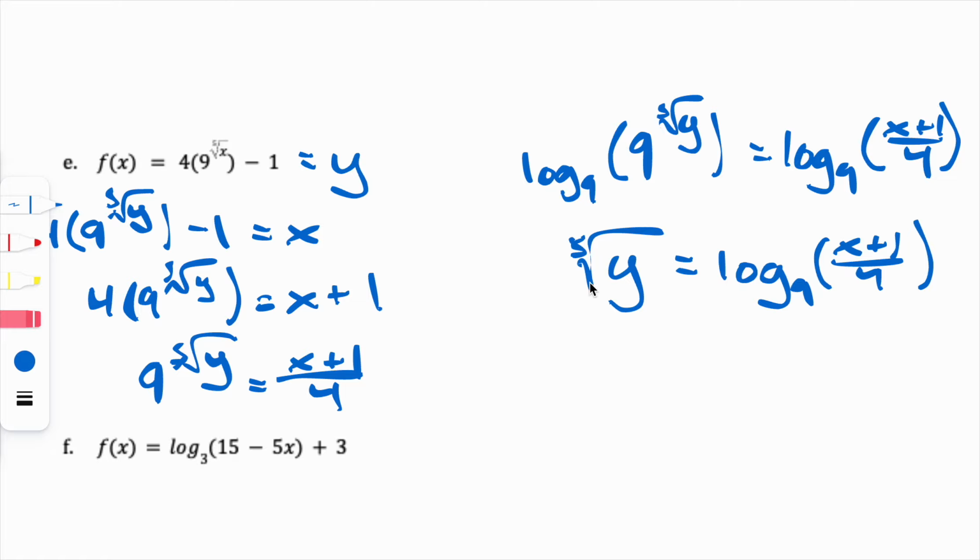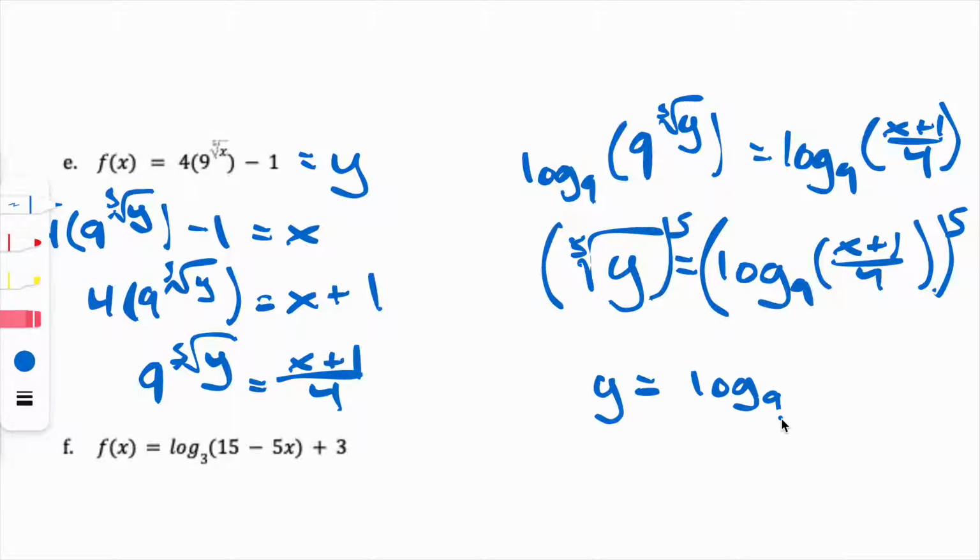Perfect. And now we just want to isolate y, and the way we isolate y is by raising everything to the 5th power. So this would be raised to the 5th power, and this would be raised to the 5th power. So we say log base 9 of x plus 1 over 4, to the 5th power.